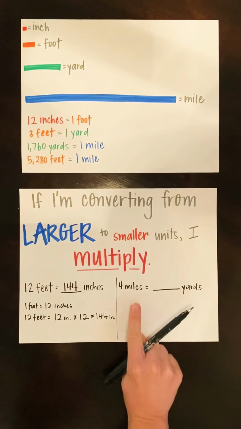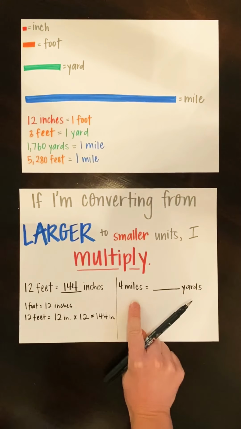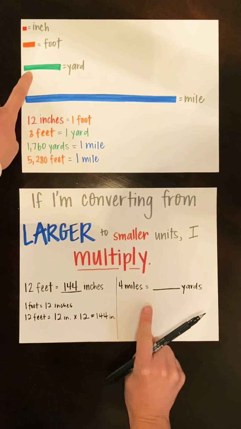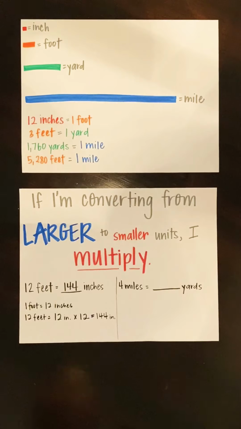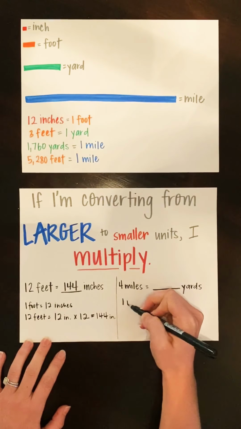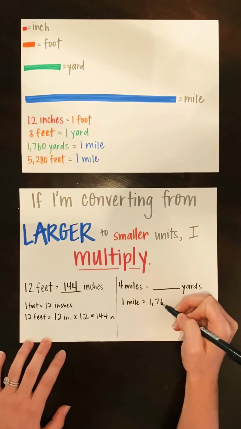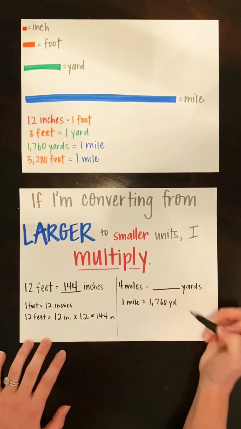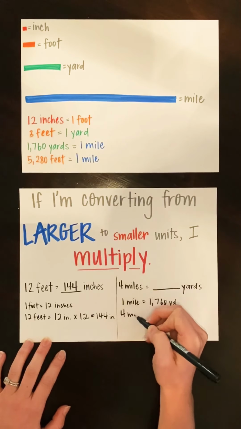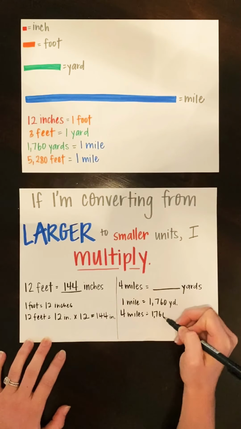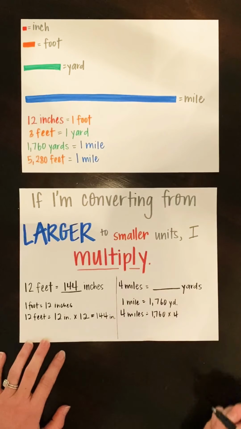If I wanted to go from another larger unit, such as miles, and figure out how many yards there are within 4 miles, well, I know that 1 mile is equal to 1,760 yards. So 4 miles is going to be 1,760 times 4.